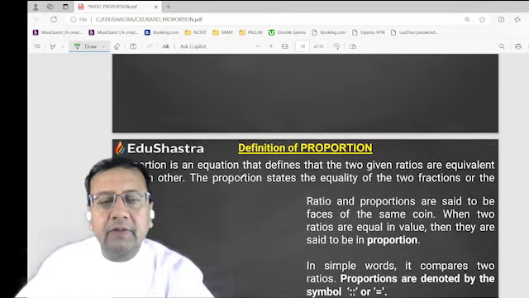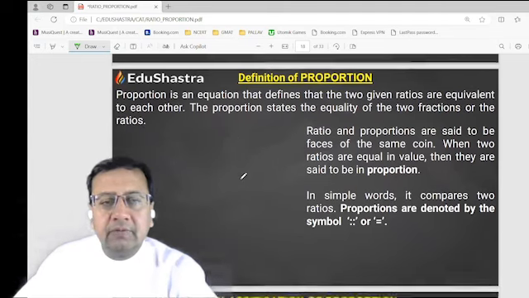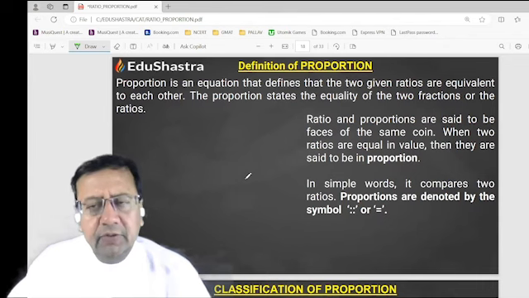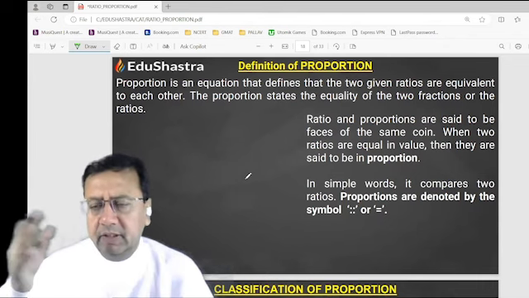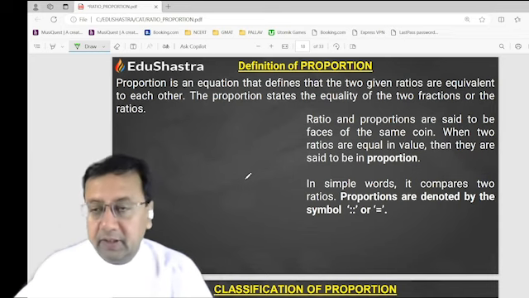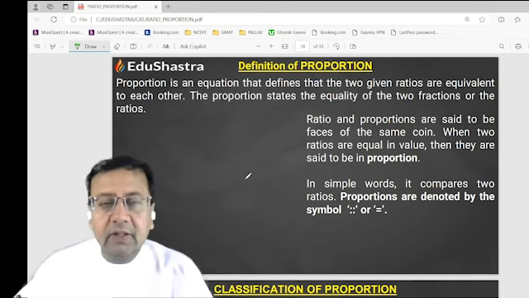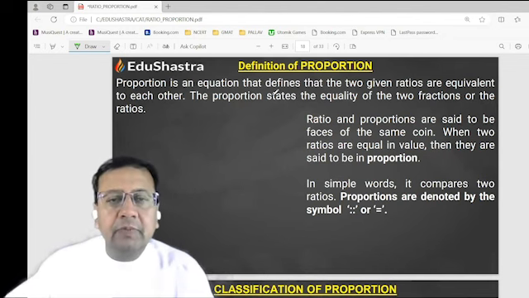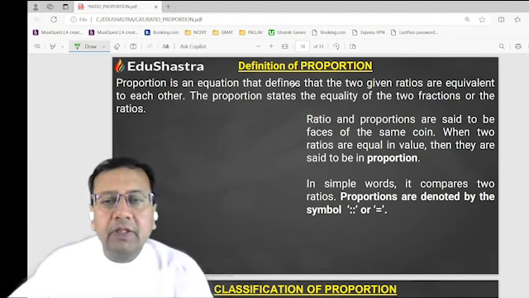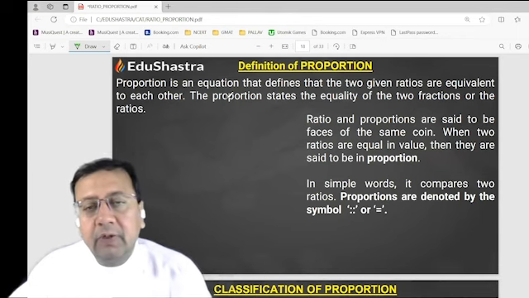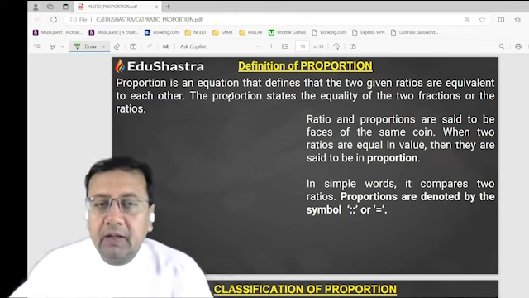Now coming to proportion. Normally we use the terms ratio and proportion interchangeably, but because the terms are different, the meaning is also different, right? Ratios we have already defined. What is proportion? Proportion is an equality of ratios, right?